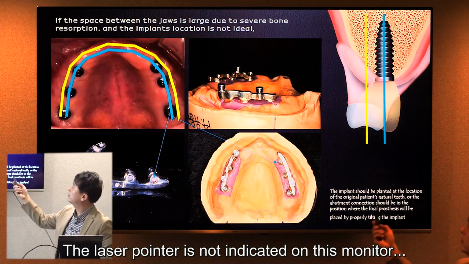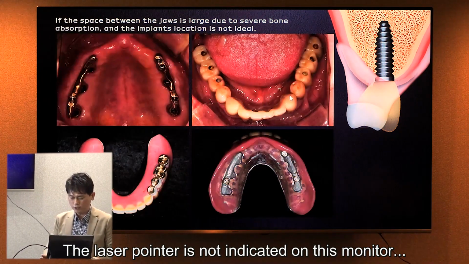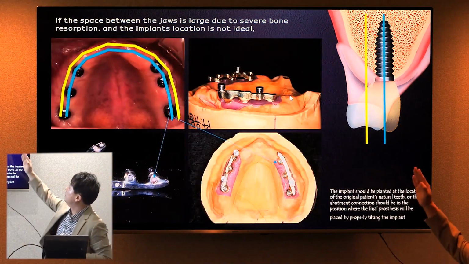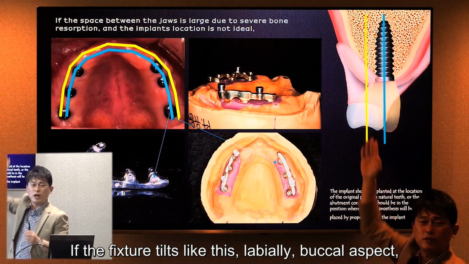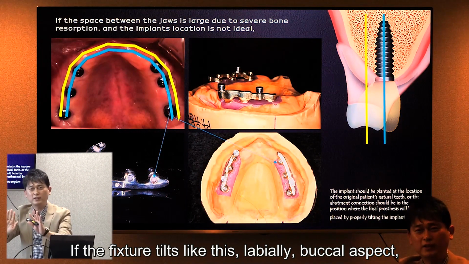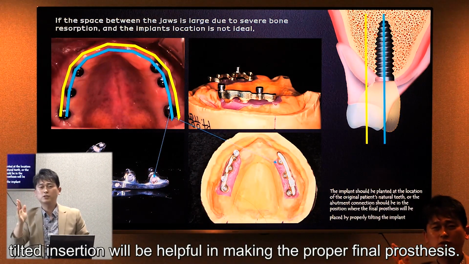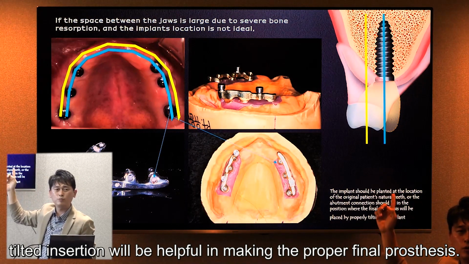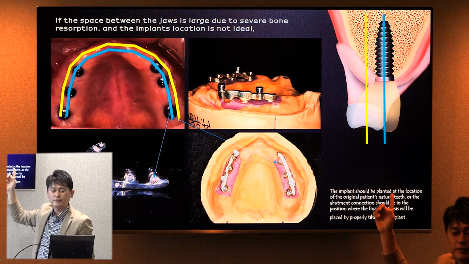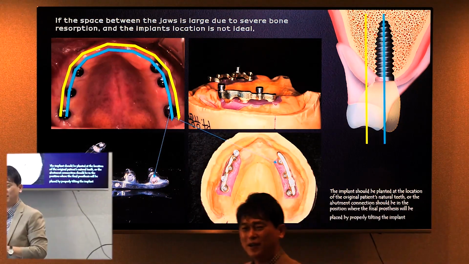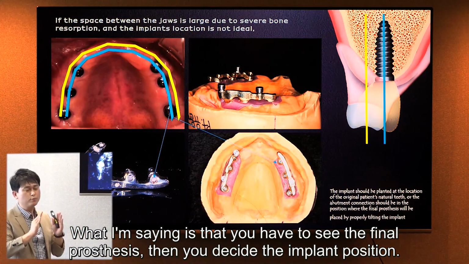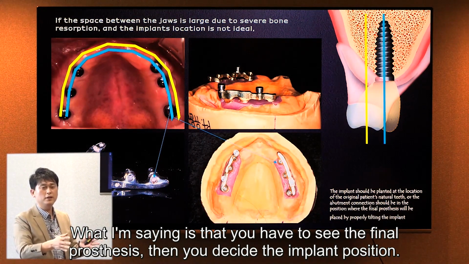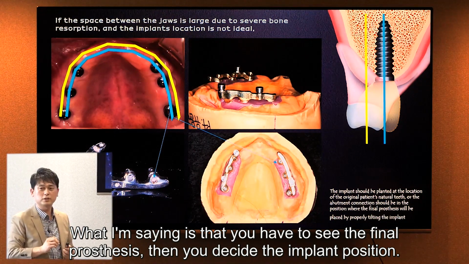If the implant is tilted like this, labially toward the buccal aspect, tilting the insertion will be helpful to make the proper final prosthesis. Anyway, what I mean is, you have to see the final prosthesis, and then you decide the implant position.